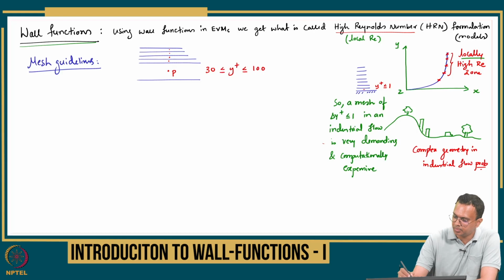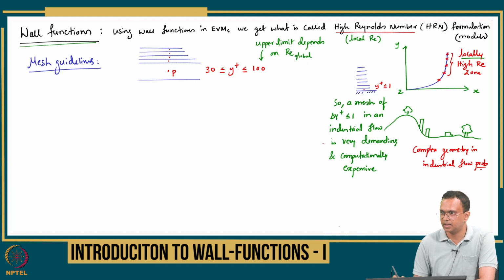So this 100 depends on the Reynolds number. So the upper limit depends on your local Reynolds number, your global Reynolds number, Re global.